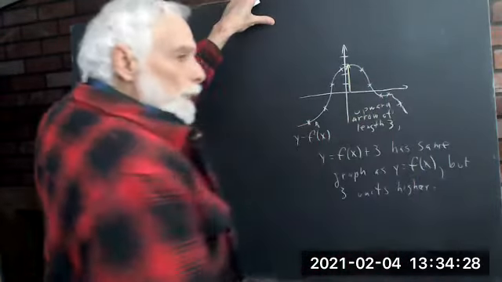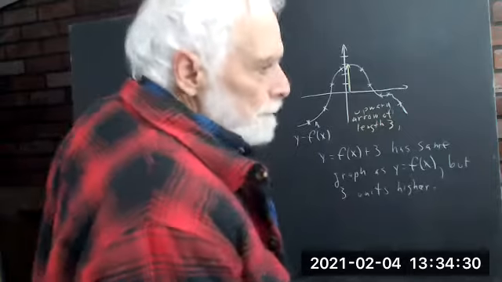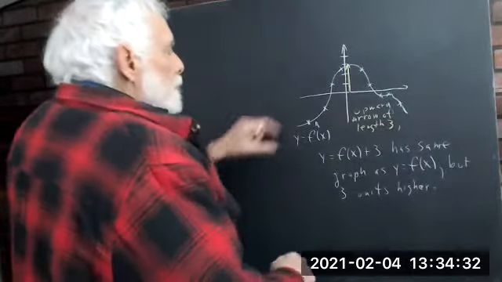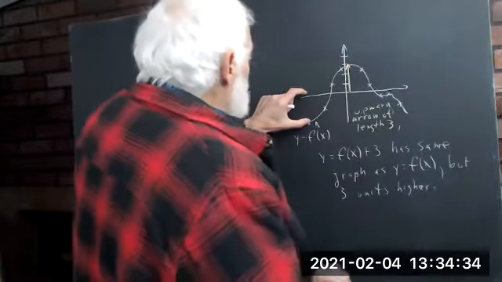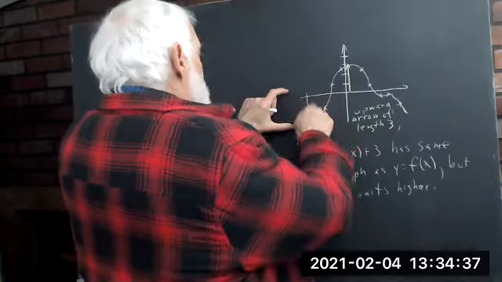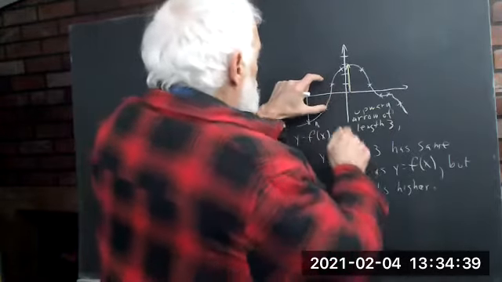And this is an upward arrow of length 3. And then I can draw that arrow on every one of these points.